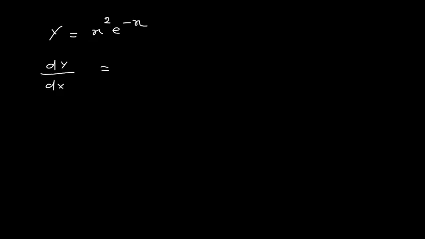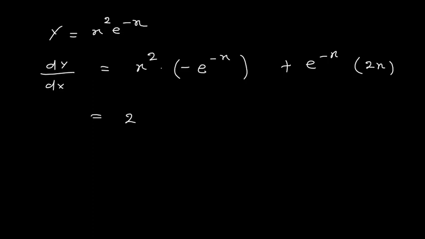Now the value of dy upon dx is x square into the differentiation of e power minus x, which is minus e power minus x, plus e power minus x times the derivative of x square, which is 2x. So I will write the positive term first: 2x e power minus x minus x square into e power minus x. This is the value of dy upon dx.